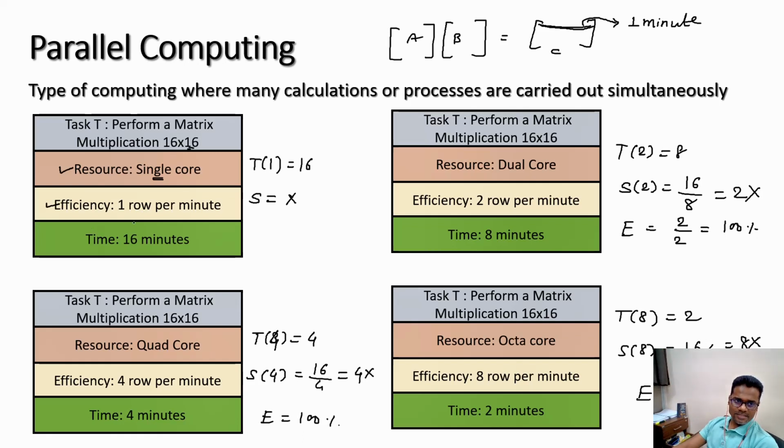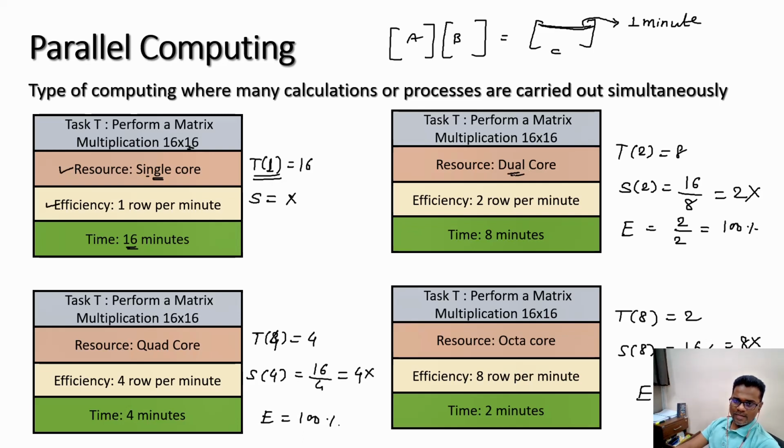And if you see, the overall time required to perform this task will be 16 minutes. This is sequential execution because I have a single core. So the time required to perform the task using one core is 16 minutes. Now I keep the task the same, but I increase the number of resources to 2, that is, I have a dual core CPU.